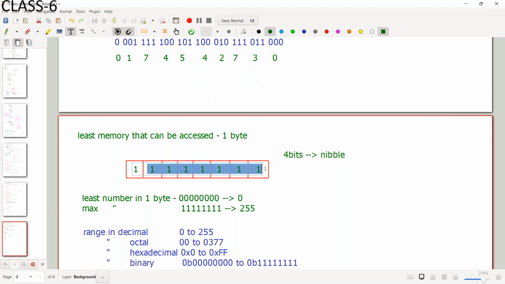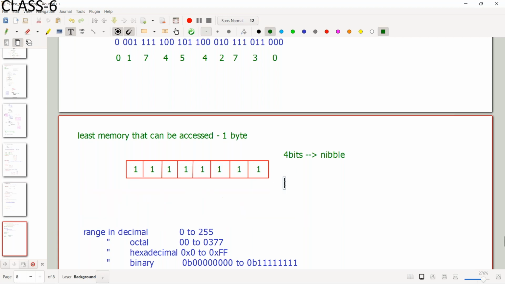The ASCII code will be stored only using the 7 bits. So every character is going to take only 1 byte. I can say the character is going to get stored in 1 byte itself.